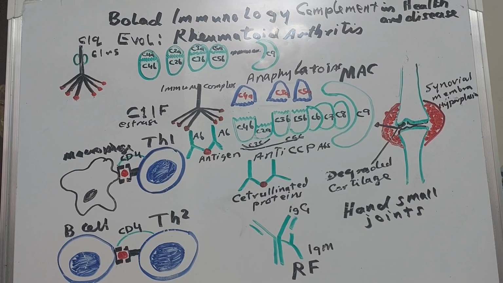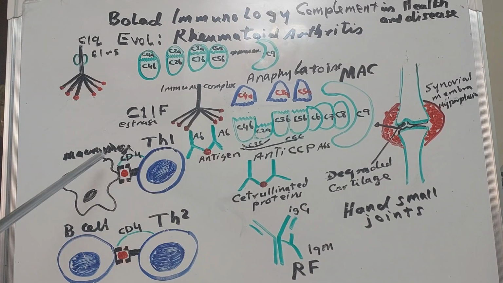So during apoptosis, citrullination of some proteins is actually a physiological process, and citrullination means that we remove a molecule of arginine, so the protein becomes negatively charged. So citrullination of proteins is a physiological process that takes place during apoptosis or death of these cells.